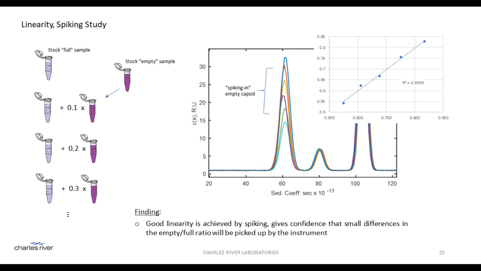The data indicate here that indeed a good linear response is achieved. And this is a significant accomplishment for the AUC assay because this result, together with a reasonable value for precision, gives the analyst confidence that small differences in the empty-full ratio will be picked up by the instrument.